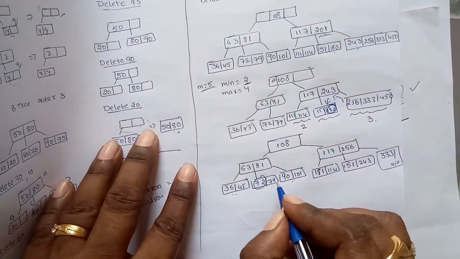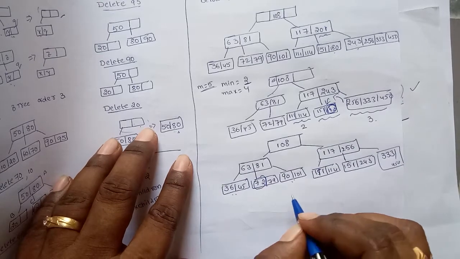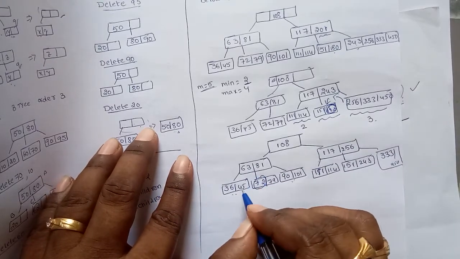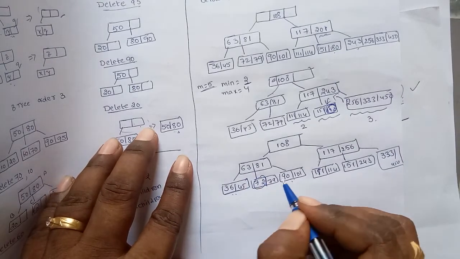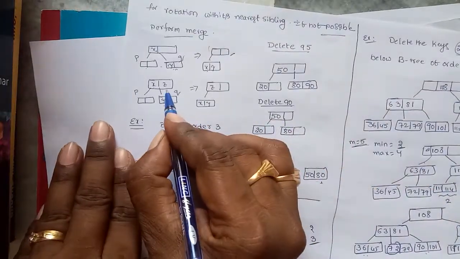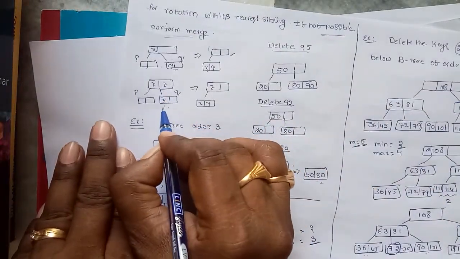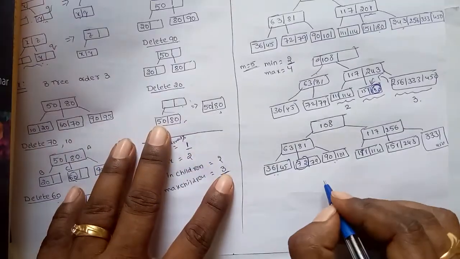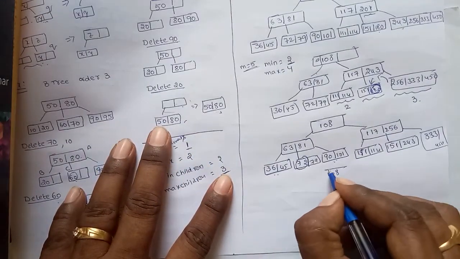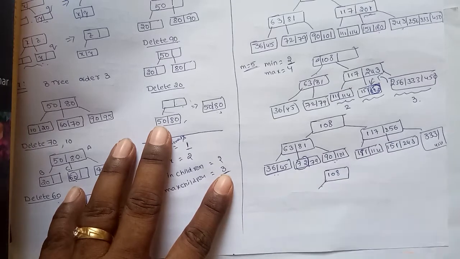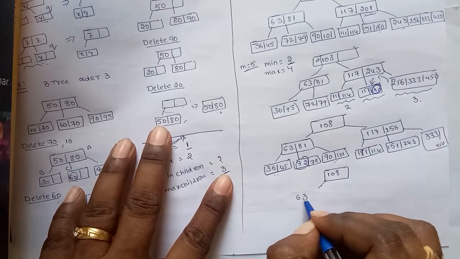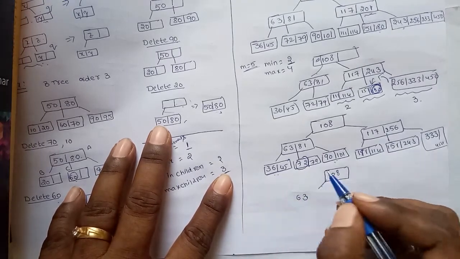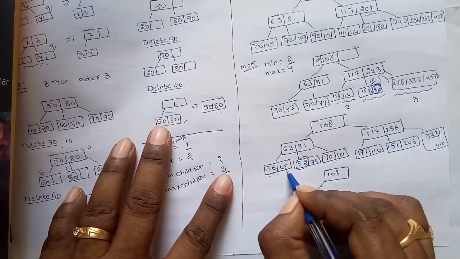After performing merge operation, the tree becomes, see this one, merge operation with left sibling. See the case similar to this one, xz, this one. Perform merge operation. 108 is the root. 36, 45.